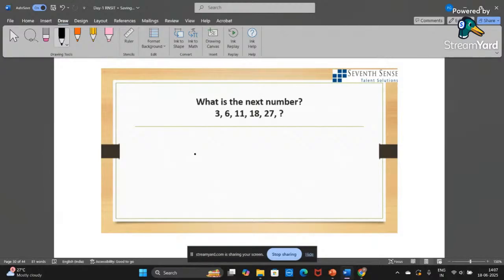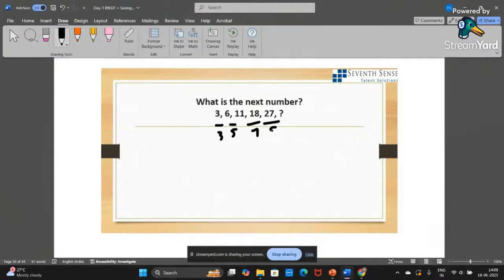Find the answer for this. Even this is also very simple. Look at here, the difference is 3, 5, 7, 9.